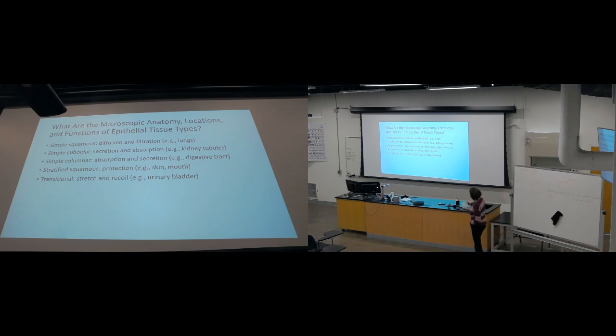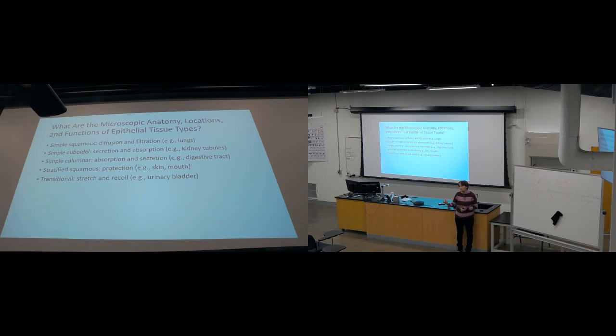Okay, next epithelium, simple cuboidal. Why is that? In this case, you have only one layer of cells that are specialized for secretion and absorption. Kidney tubules are an example. Since you want to secrete, you also want a space to accumulate items to secrete them. That's why it's cuboidal, not squamous.